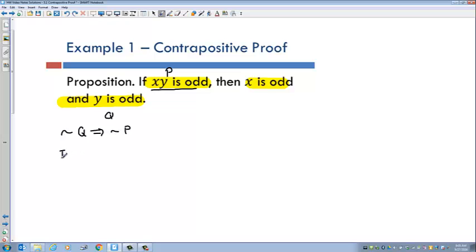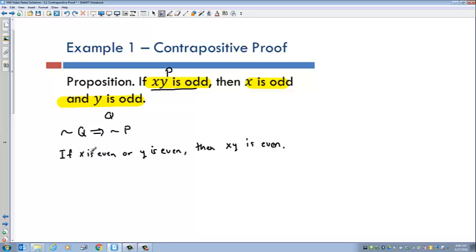So if x is even or y is even, then not P would be the statement xy is even. So xy is not odd, or we'll say xy is even.